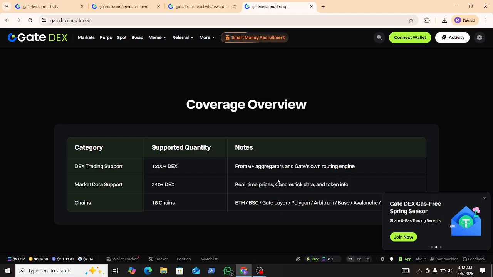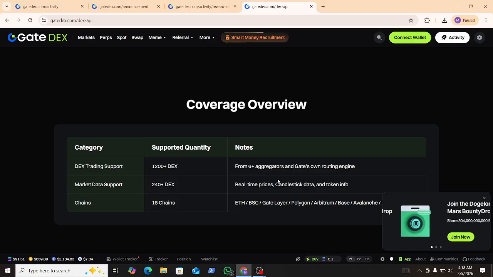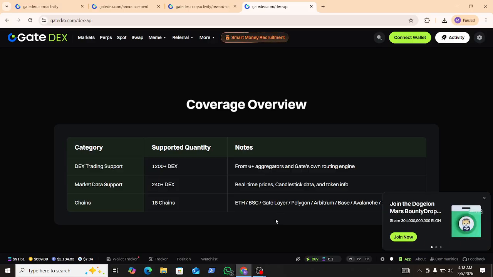Overview, coverage overview. Category DEX trading support: 1200 plus DEX spot quantity nodes from 50 plus aggregators and Gate's own routing engine. Market data spot: 240 plus DEX nodes, real-time price, candlestick data and token info.